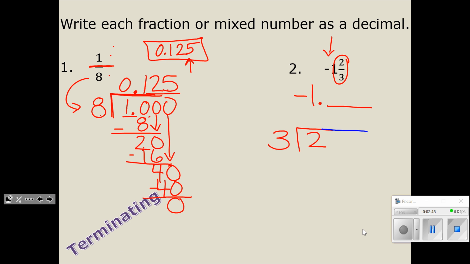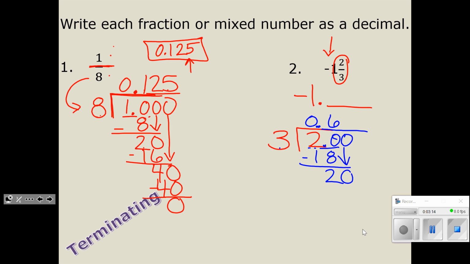I know 3 doesn't go into 2 evenly, so we're going to add a decimal point and some zeros. And start our division. 3 goes into 2, 0 times. 3 goes into 20, 6 times. 6 times 3 is 18.